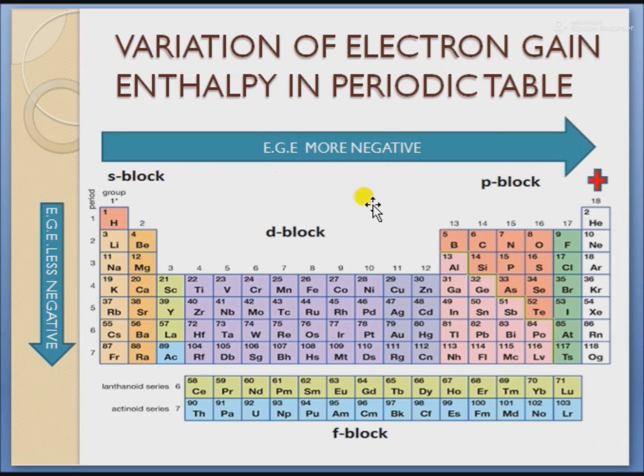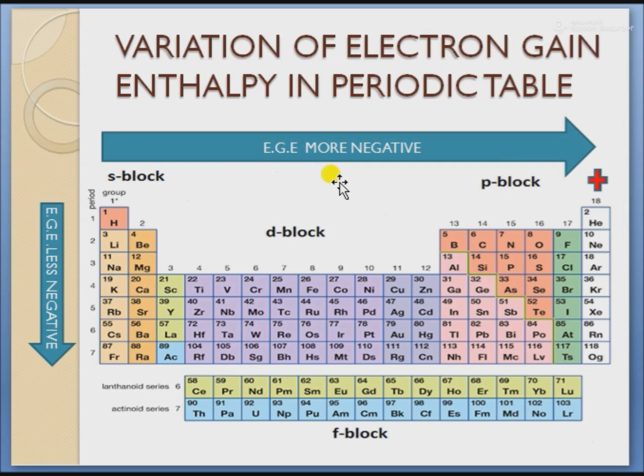Next is the variation of electron gain enthalpy in the periodic table. Electron gain enthalpy becomes more negative when we move from the s block to the p block, meaning from left to right in the periodic table. This is due to the enhanced effective nuclear charge.